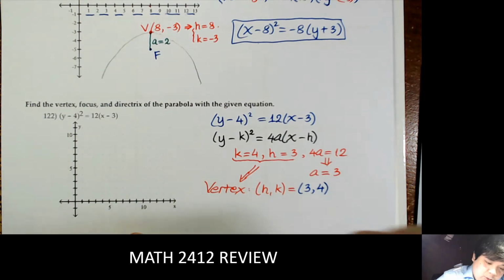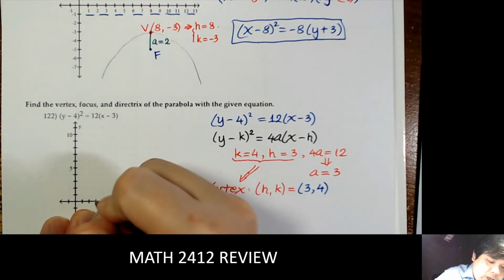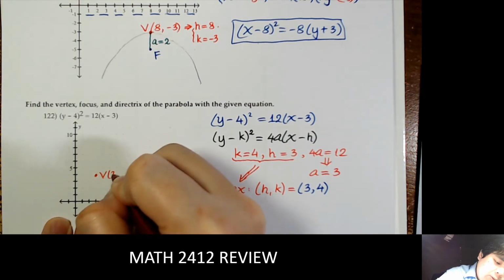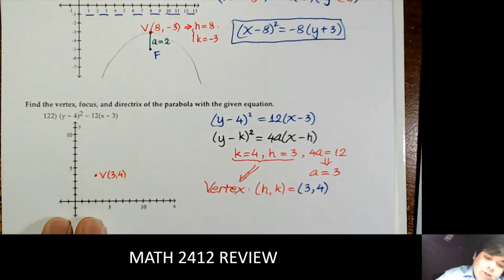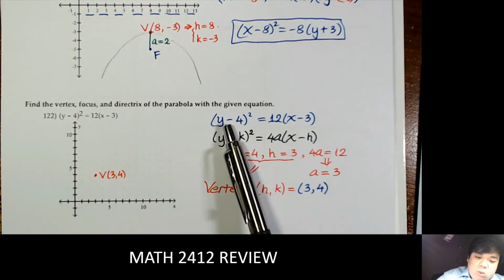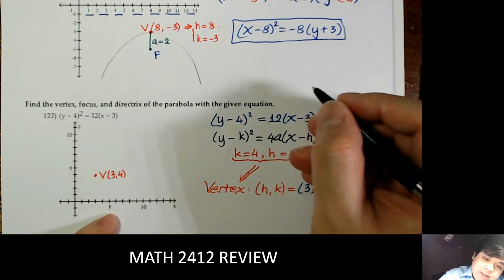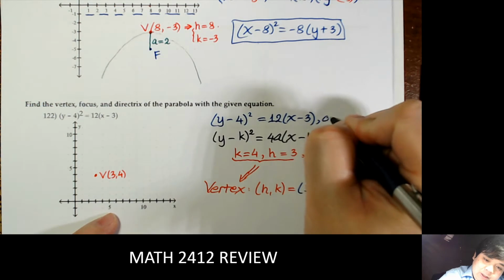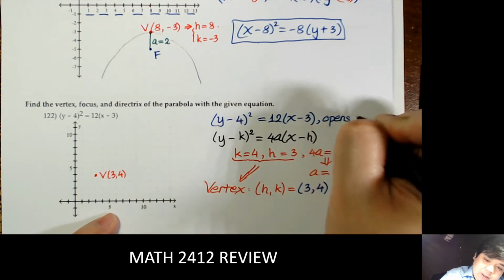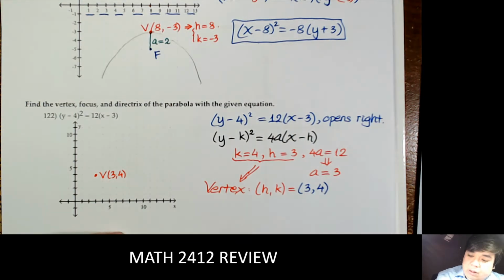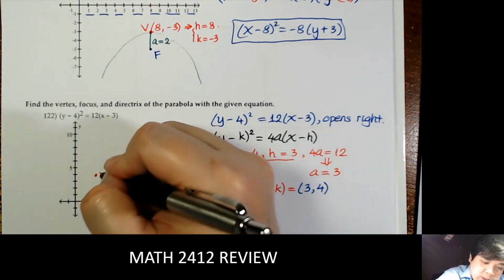Let's put that on the graph. X equal to 3, y equal to 4. Again, we have y squared and then positive, so this one opens to the right. And a is 3, meaning that we're going to go 3 units.